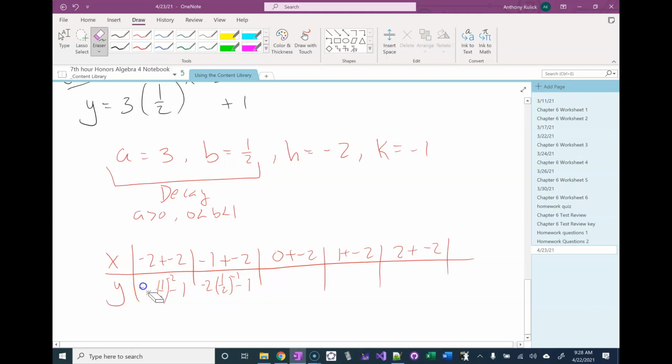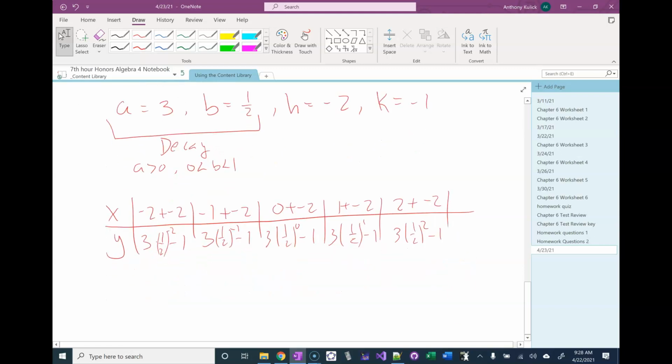Oh my goodness, my a is 3. My apologies. A times b to the 0 plus k, or you could just leave the b to the 0 off. That's fine also. Same thing. 3, or a times b to the 1 plus k, and then a times b squared plus k.